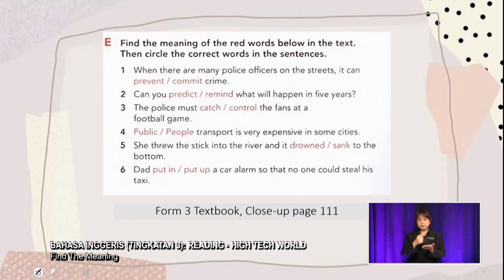These are all words that they have already read. This is just to reinforce their understanding of the text, to know whether they have fully understood the meaning of the words and phrases that they have read. Let's not waste time. There are 6 sentences there. Look at them and circle the correct words in the sentences to match the meaning.